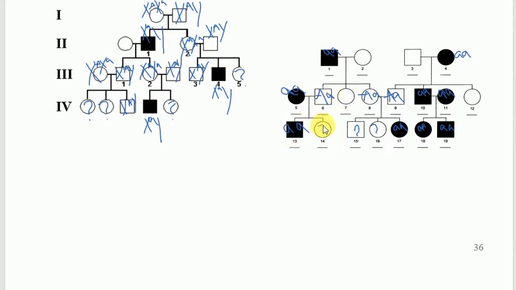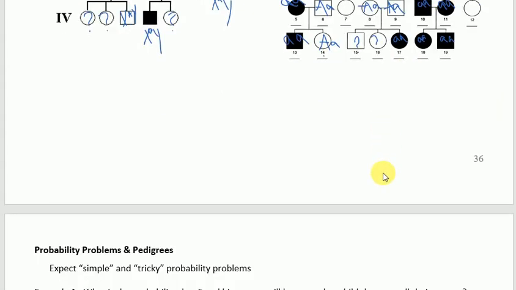This one, however, would be, actually that one would not be a question mark. That one would be heterozygous. Okay, and you can finish that one if you would like.